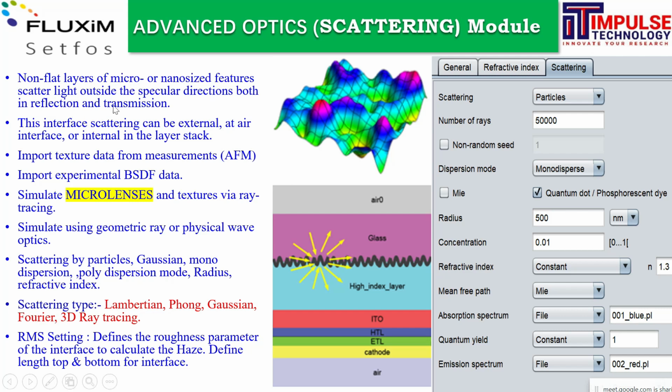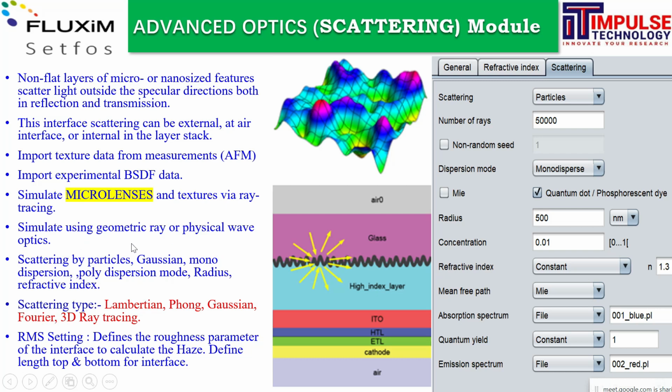So non-flat, micro or nano size scattered light texture data you can import. Data from AFM, BSDF, experimental data you can include in this solar cell or LED device, and you can simulate the micro lenses and textures by ray tracing, geometric ray or physical wave optics simulations.